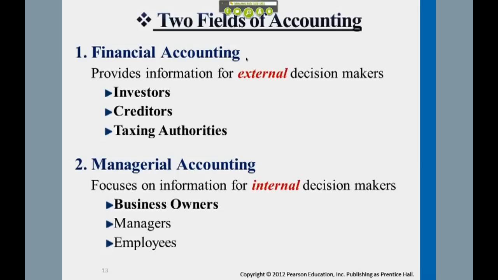Okay, so the division here is based on the users of financial statements and how comprehensive the statement is. Again, investors, creditors, taxing authorities, the parties who need this information, they're not workers or employees in the firm.